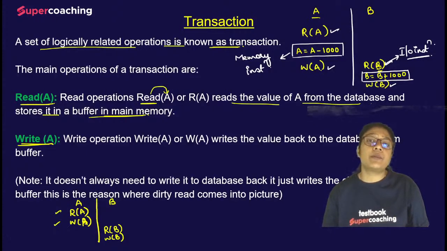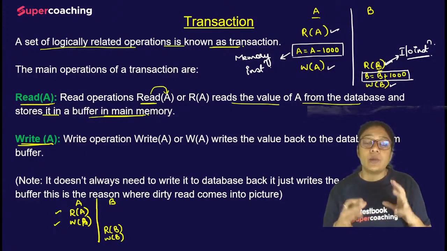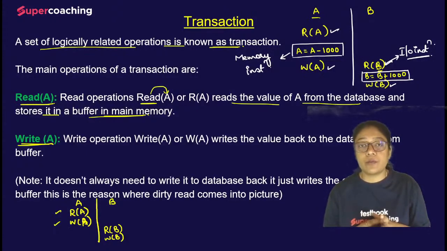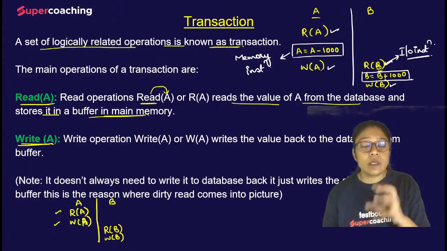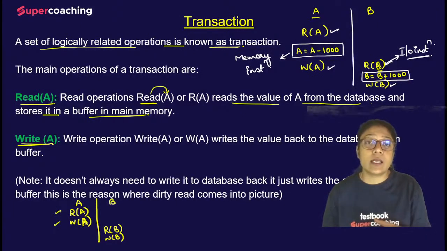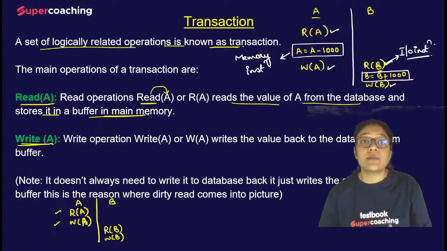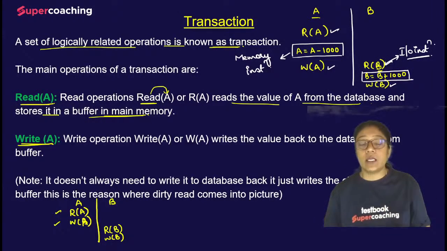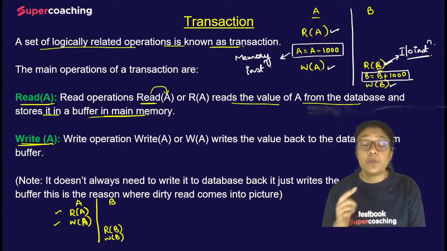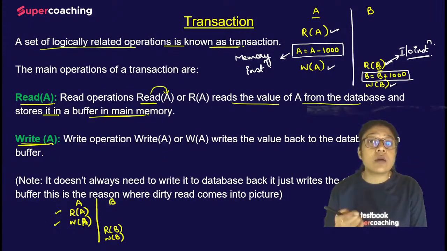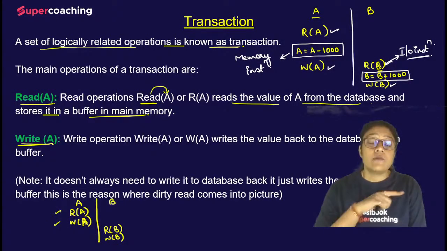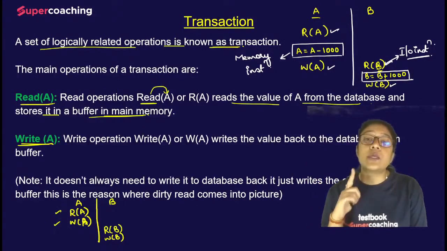Why store it in the buffer of the main memory? Because whenever any operation is performed by the system, it can be performed only on that data which is available in the main memory. You must have covered this concept in operating system as well. So if you are reading the data from some page, it should be present in the main memory. If it's not available in the main memory, then we have to transfer it from the secondary memory.